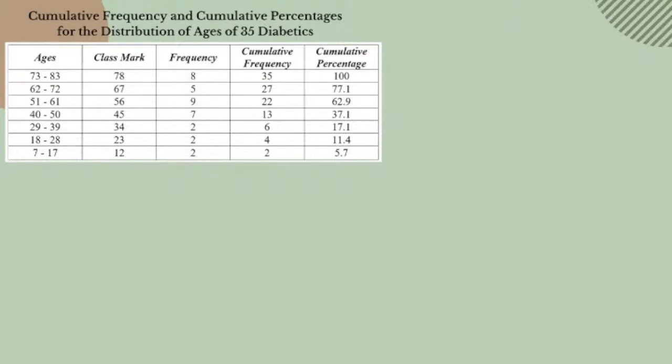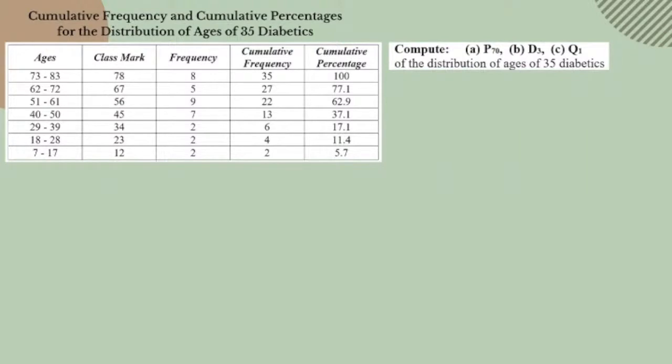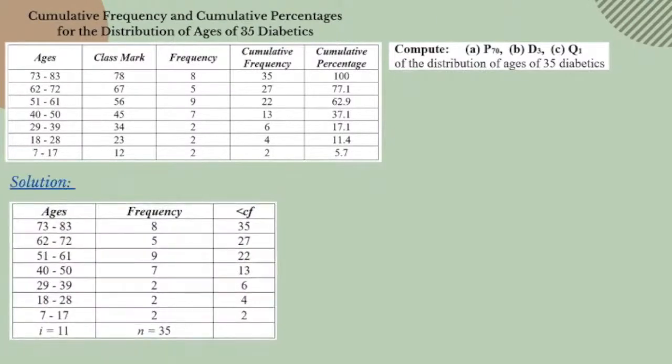From the table presented, you are tasked to calculate specified measures of position, which are the 70th percentile or P70, third decile, and first quartile or simply the lower quartile. To perform each task, the second table shown on page 2 of your self-learning materials is needed.